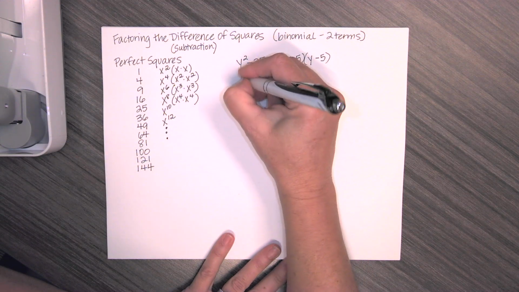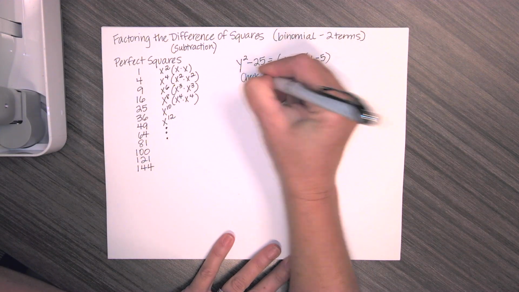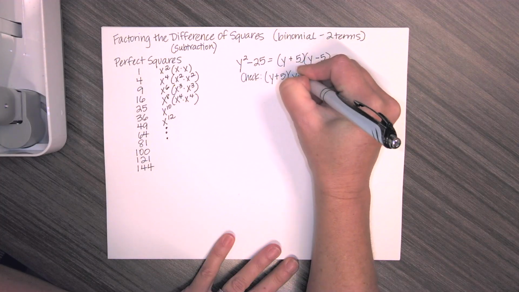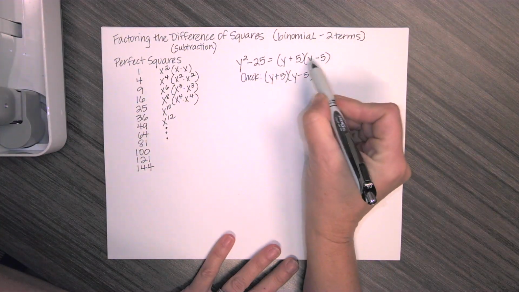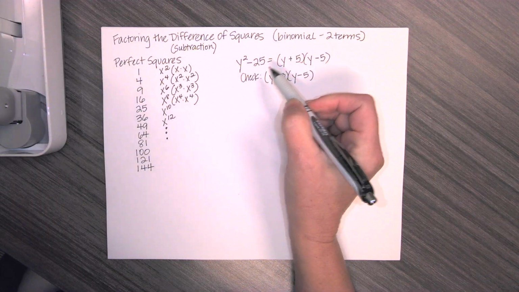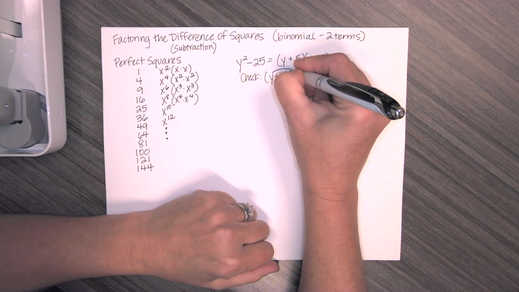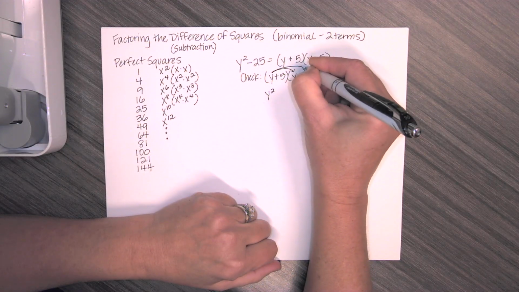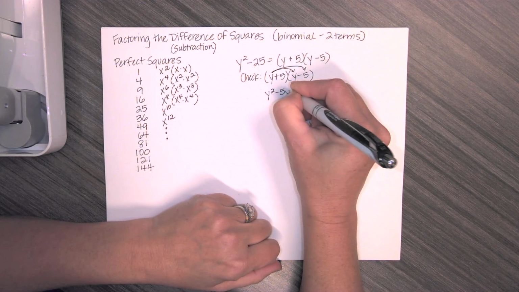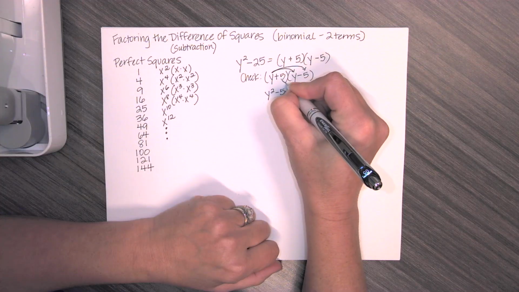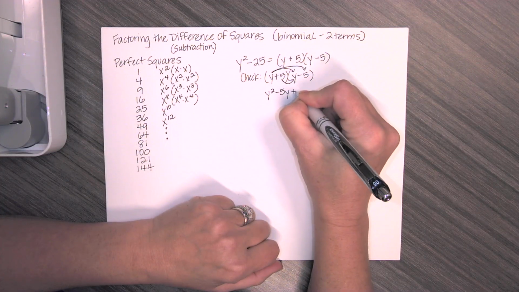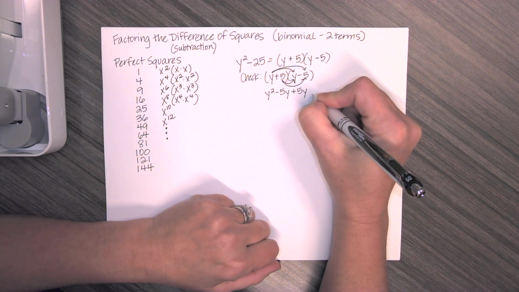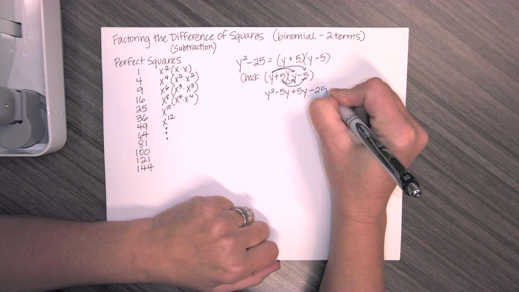That's the answer. If we want to check it, we can distribute that, multiply these back together. We want to make sure when we multiply them back together that it gives us y squared minus 25. So we're going to do y times y is y squared. Y times negative 5 is negative 5y. Then we're going to come back and distribute the positive 5. Positive 5 times y is positive 5y. Positive 5 times negative 5 is negative 25.